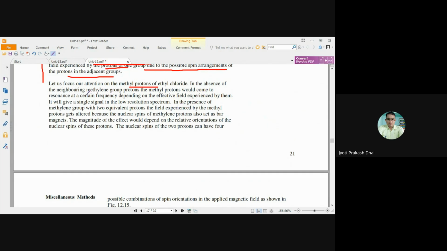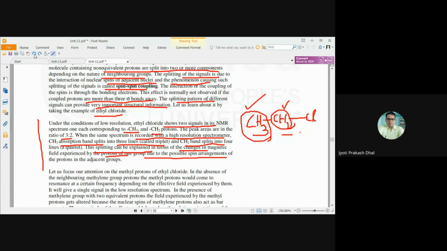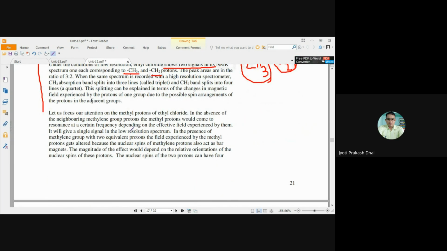In the absence of the neighboring methylene group, that is the CH2 group, the methyl protons would come to resonance at a certain frequency depending upon the effective field strength experienced by them.